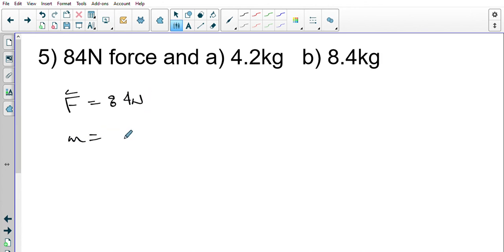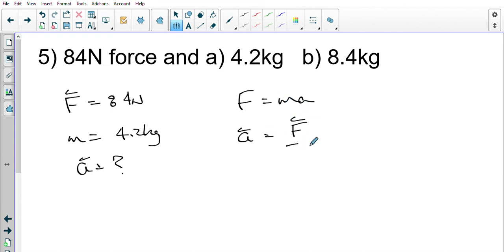Our mass is equal to 4.2 kilograms, and we're looking for the acceleration. F is equal to ma. We do our algebra first. A then is equal to our force divided by our mass.